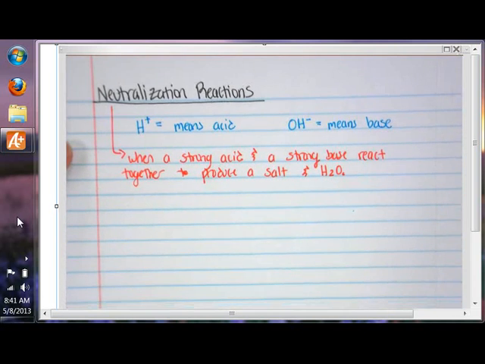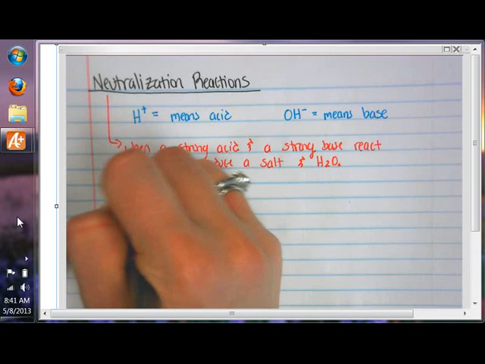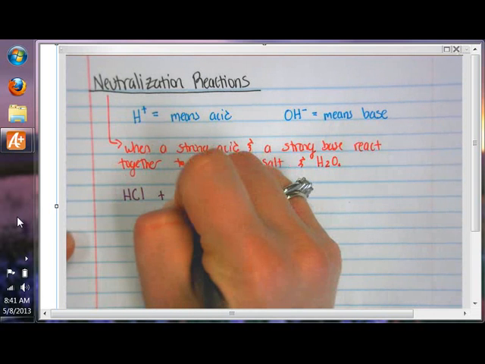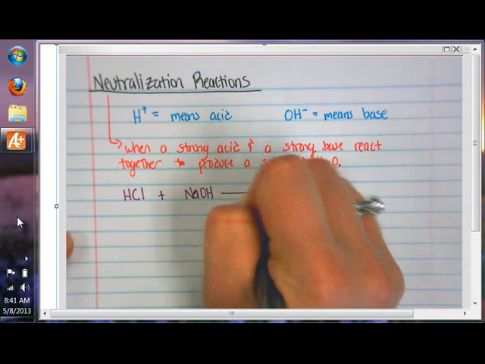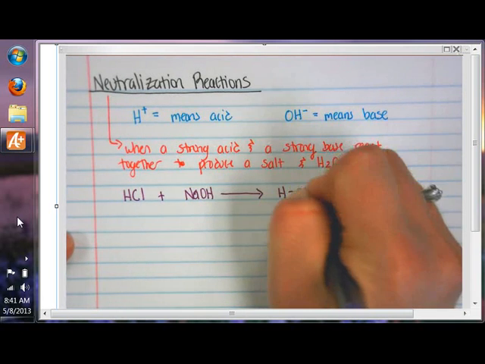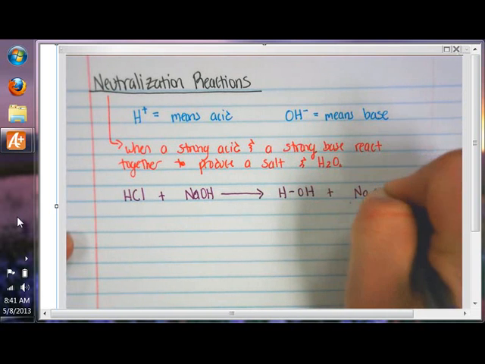So some examples of this are, let's say I have HCl, which is hydrochloric acid, and I add it to sodium hydroxide, NaOH, which is a base. I would get water, H-OH, and a salt, NaCl.